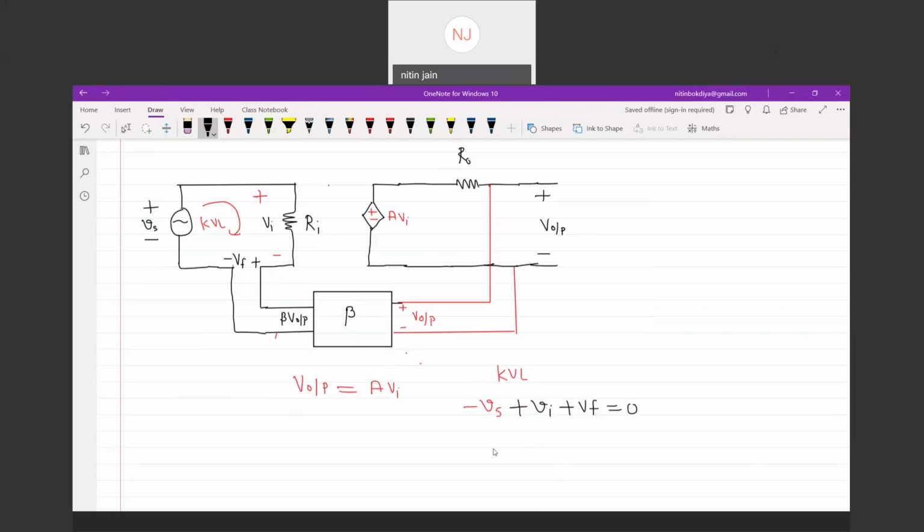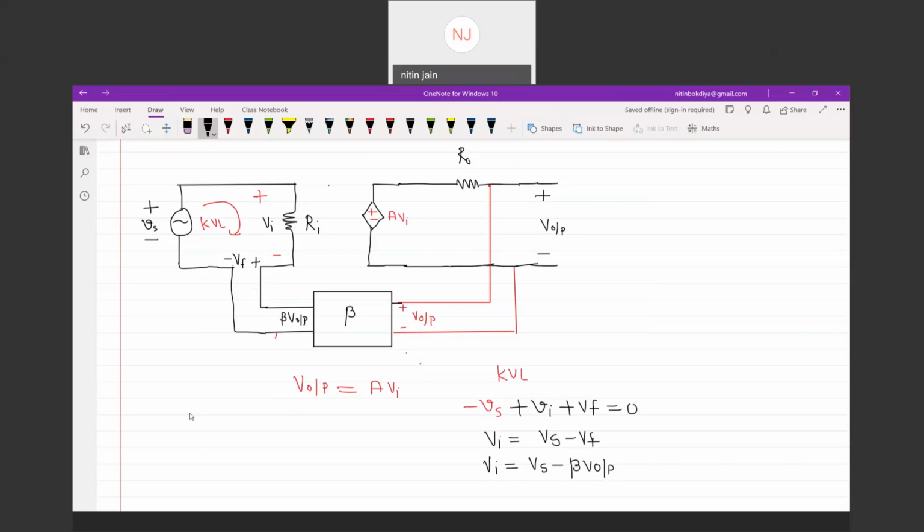So Vi is equivalent to VS minus Vf, that is, VS minus beta into V output, because we already know what Vf is.